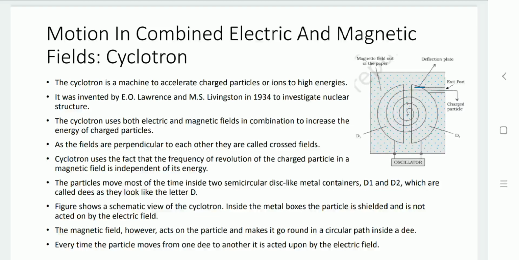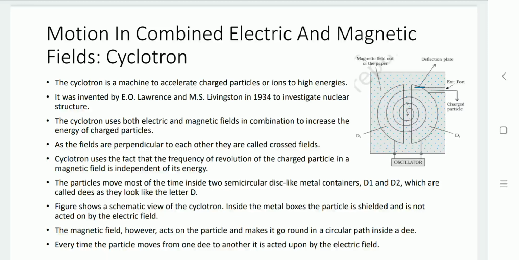Inside these metal boxes, the particle is shielded, and within the D structure it is not affected by the electric field. In D1 itself, whatever electron is present is not affected by the electric field, but the magnetic field acts on the particle and gives it a force to move from one D to the other D in a circular path.